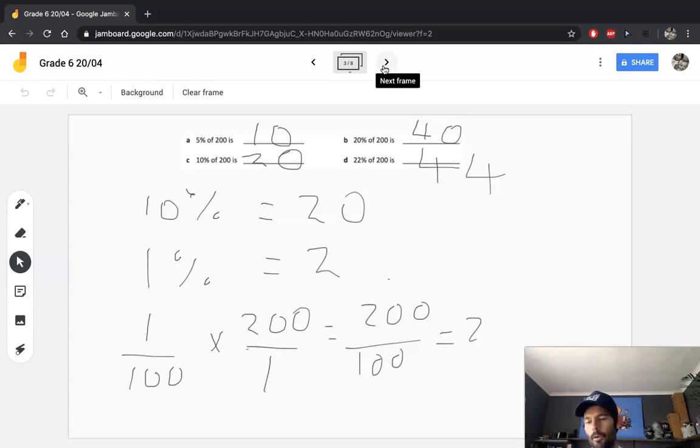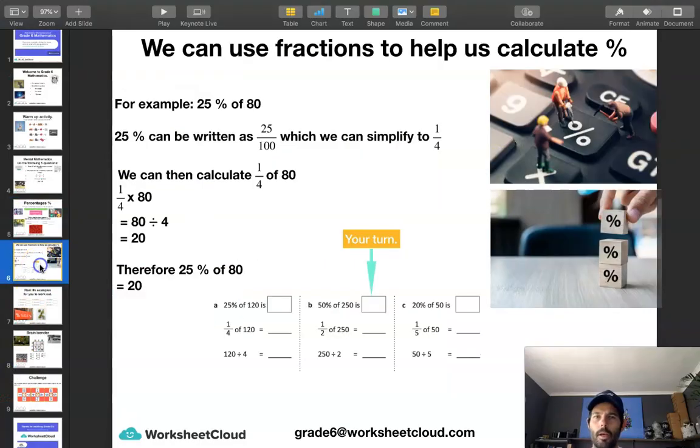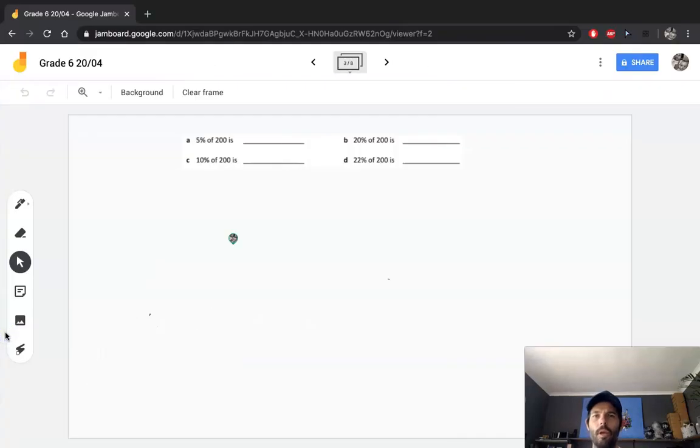Okay, so just a quick question for you guys. How do I convert a fraction to a percentage? If we go back to the presentation, just before we get into working out percentages of amounts in a little bit more detail, I want to go back to the Google Jamboard and just go through how we get a percentage from a fraction.